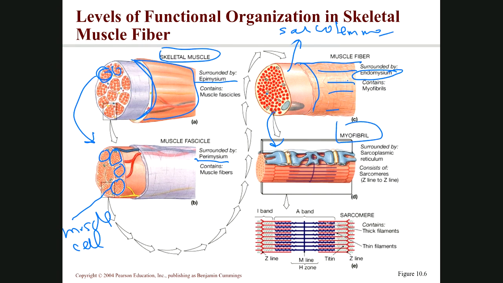Myofibrils are surrounded by triads. Here's one triad, here's another one. And if we take a look at the myofibril, turns out it is made of repeated subunits of a contractile structure called the sarcomere. So the sarcomere is as small as we can go when we're trying to understand contraction. This is what we call the unit of contraction.